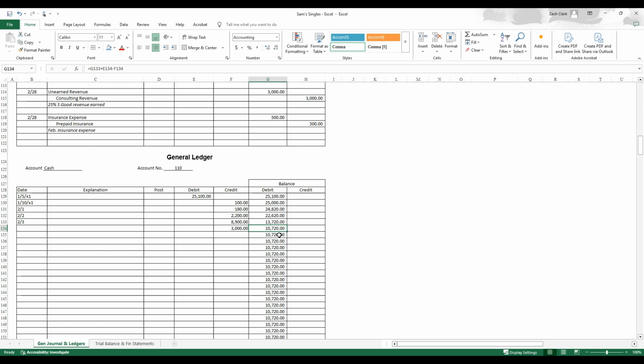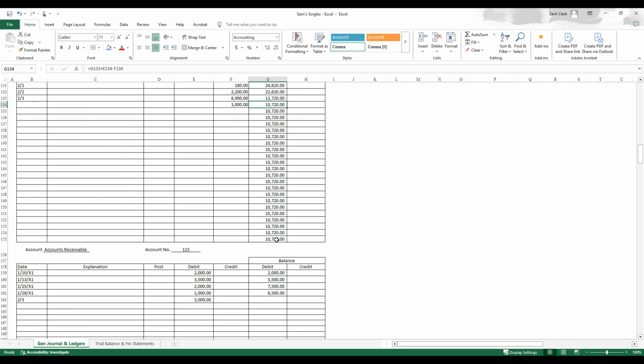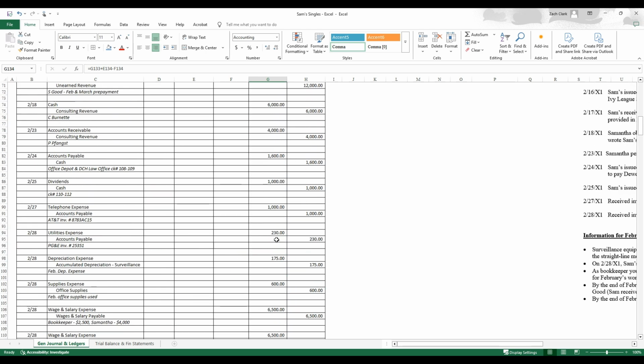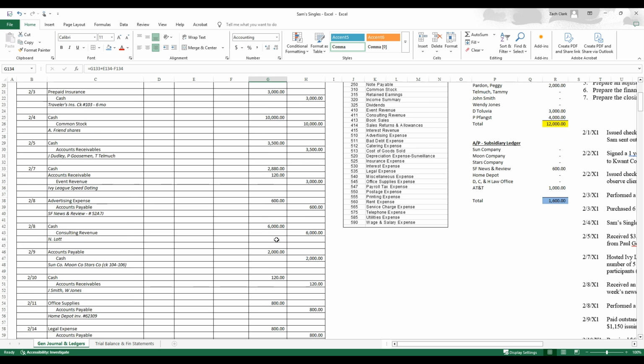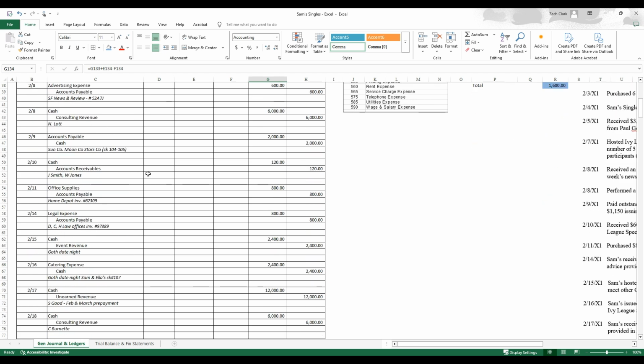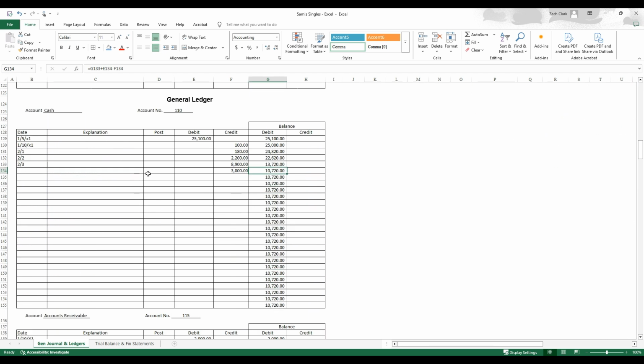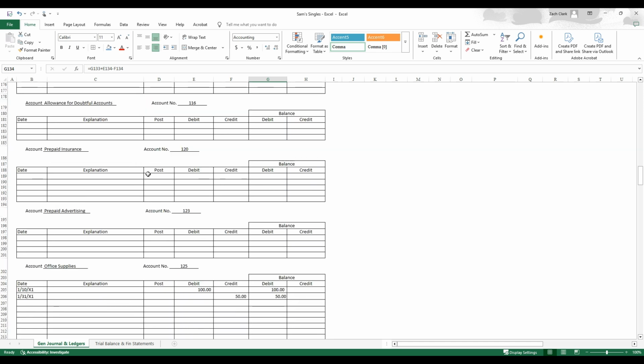We've got our handy formula that just auto updates, so that's great. And then prepaid insurance, I think, was the other side. Yeah, prepaid insurance. Let's get our date.